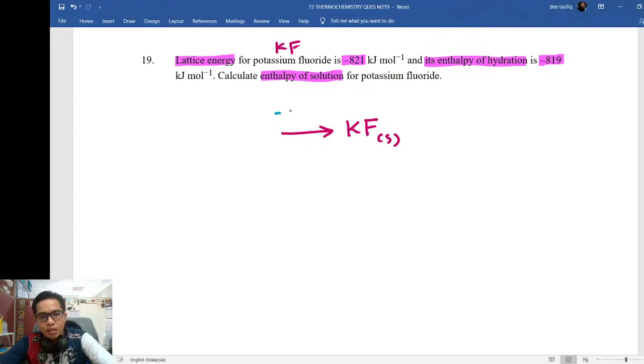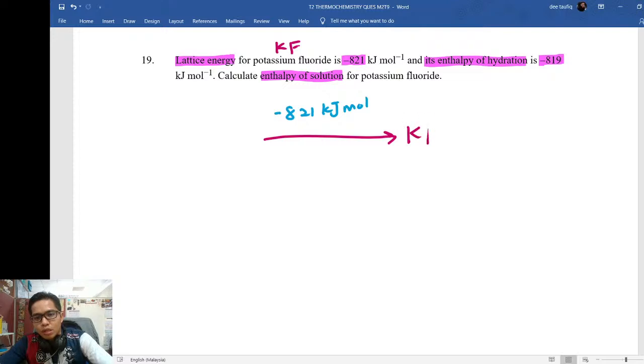So it will be negative 821 kilojoule per mole. Okay, saya besarkan sikit saya punya scale. Dia nak panah. It will produce KF solid.